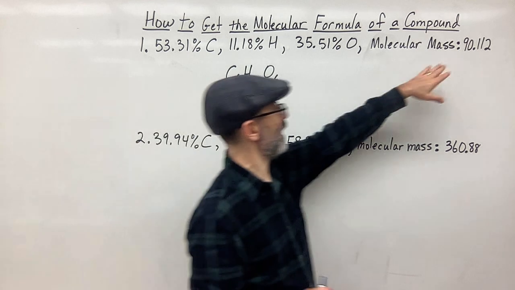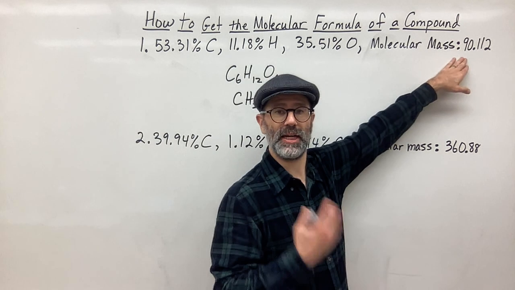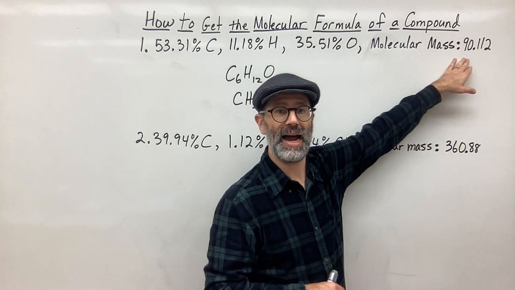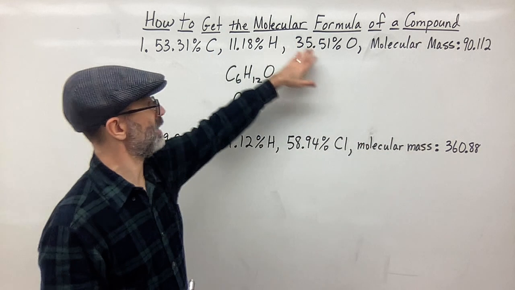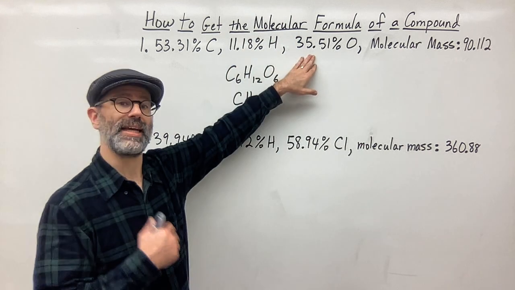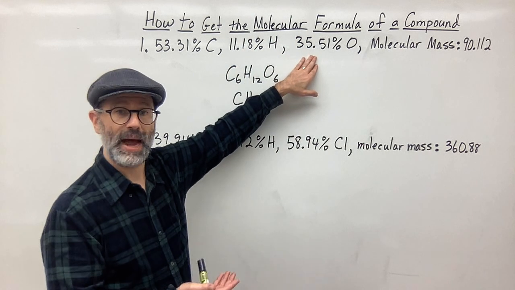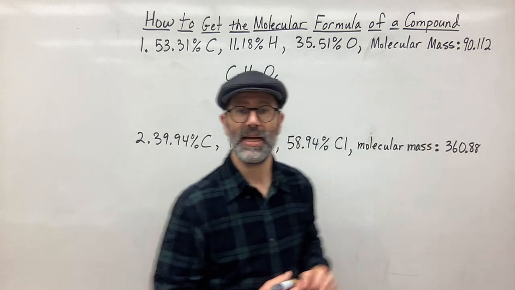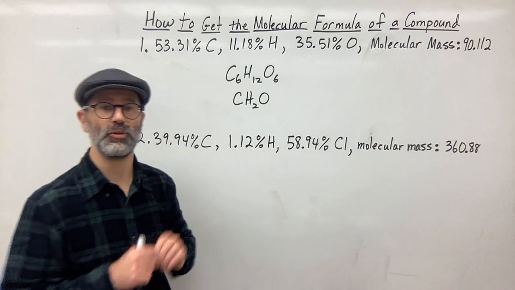So if I know the molar mass or the formula mass of my molecular substance, then once I find the empirical formula, I can calculate its formula mass and compare that to the given mass and see what the factor is between them.